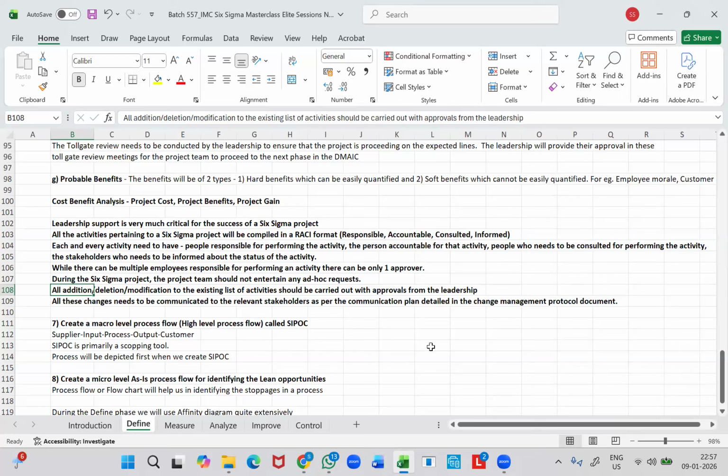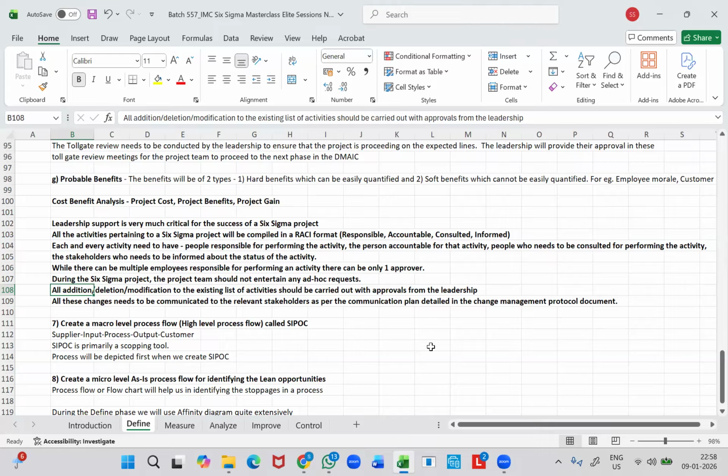Say, for example, there is a change in the CEO of that organization. Then obviously it has to be communicated to all the stakeholders, to all the employees, right, in that organization. So all the employees will be the stakeholders who need to be communicated with regard to that change in CEO.